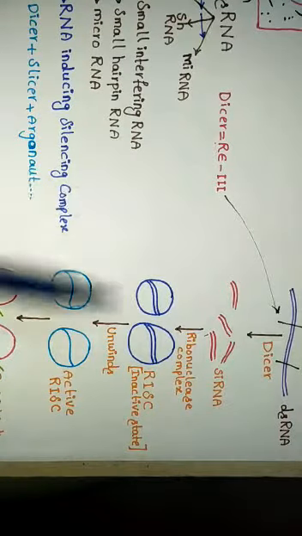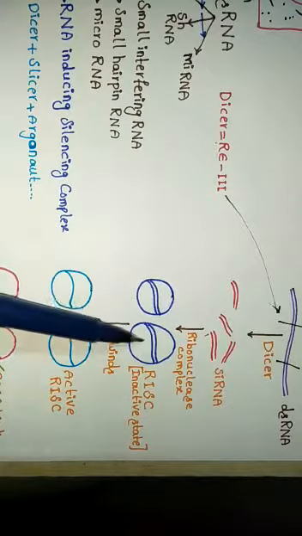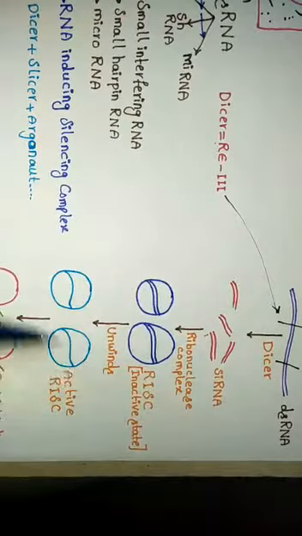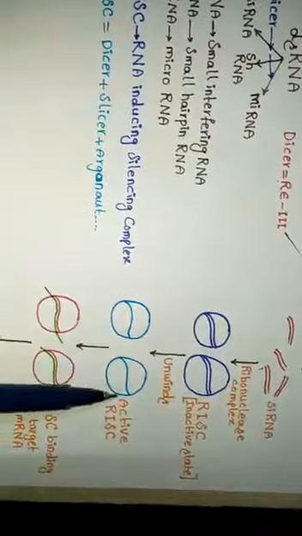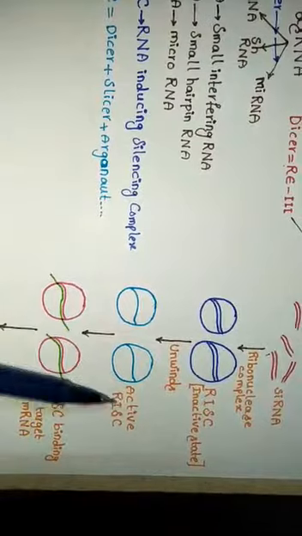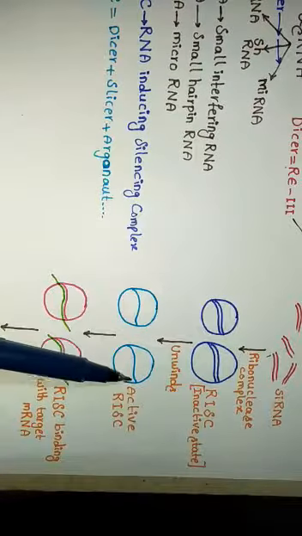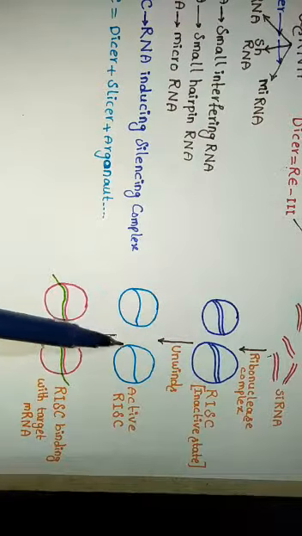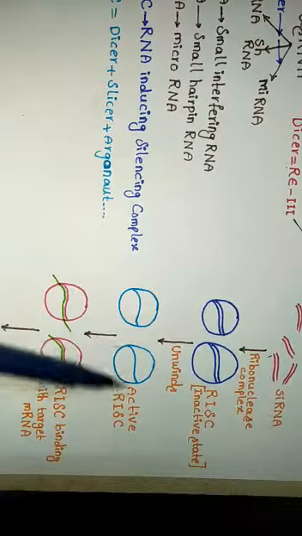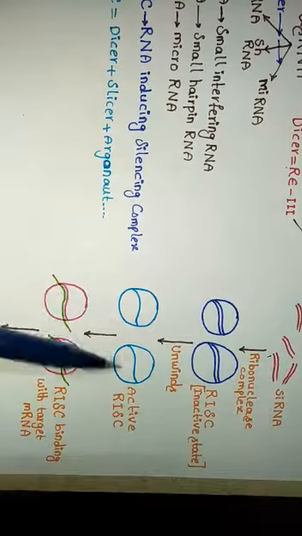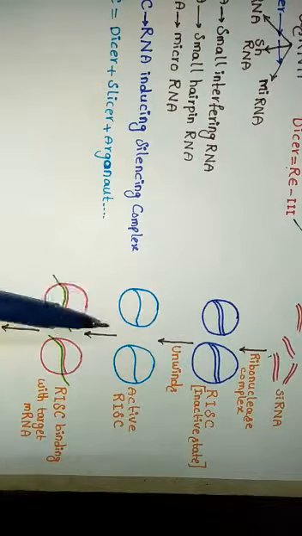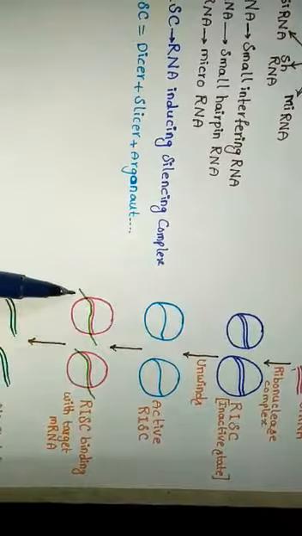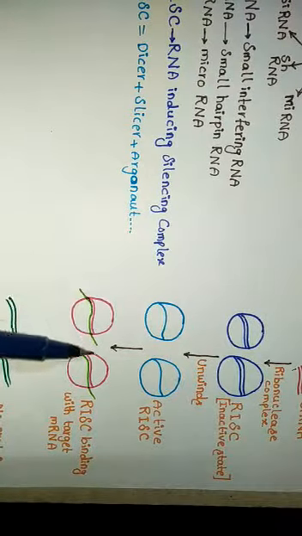When it unwinds and becomes single-stranded, it is called the active RISC. Why is it active? Because it is single-stranded, there is a chance of binding with other single-stranded DNA or single-stranded RNA. So this activated RISC is going to bind with the mRNA of the pathogen.